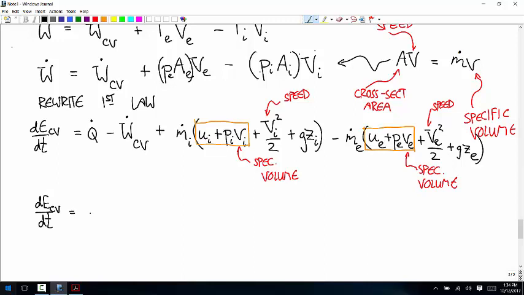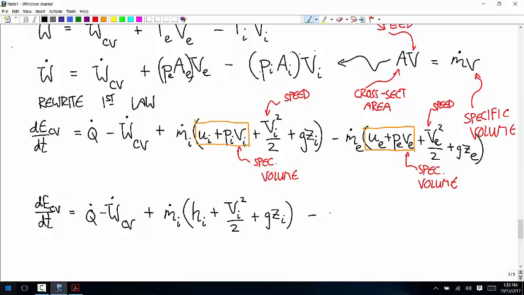is dE/dt is equal to Q dot minus the work done by the control volume, W dot, plus mass flow at the inlet times the quantity enthalpy at the inlet plus the speed at the inlet squared over 2 plus g z at the inlet, and then minus the mass flow rate at the exit times the quantity specific enthalpy at the exit plus the speed at the exit squared over 2 plus g z at the exit.